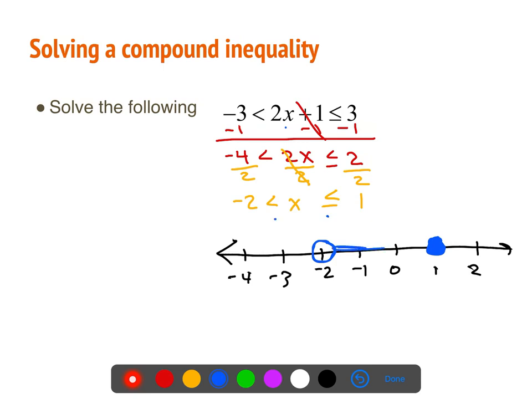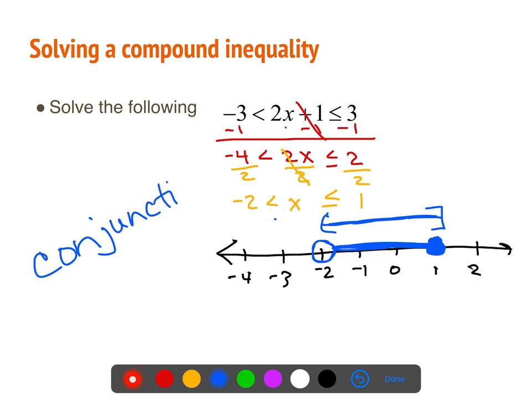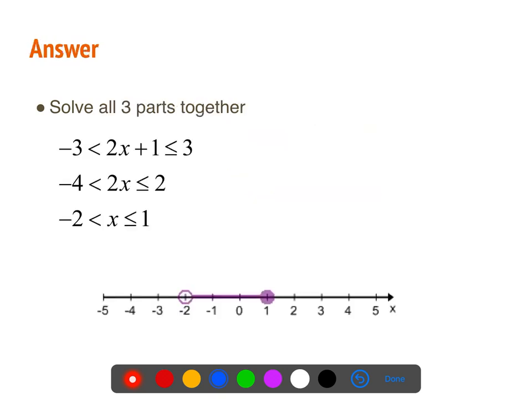And it's all the x's in between, so shade in between. Another way to write that would be a parenthesis and a bracket and shading in between. We call this a conjunction when they are sandwiched in between like that for your answer.